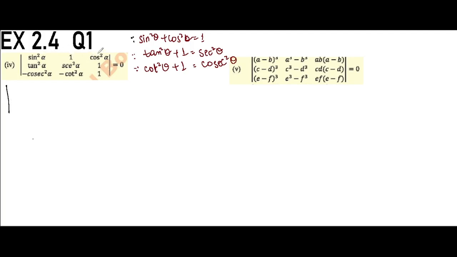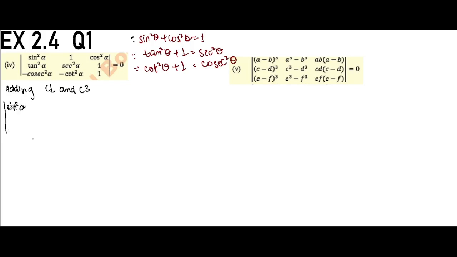So we are going to add these two columns to give us this result. We are going to write it first, adding column 1 and column 3.